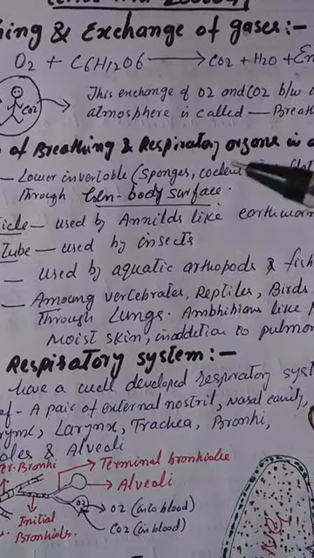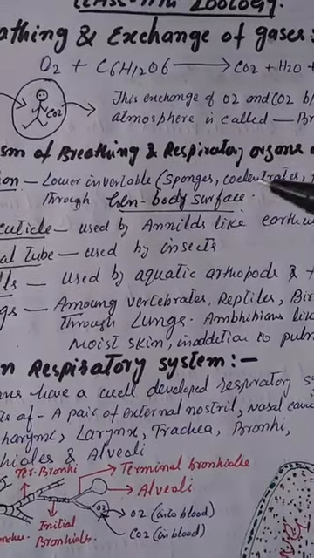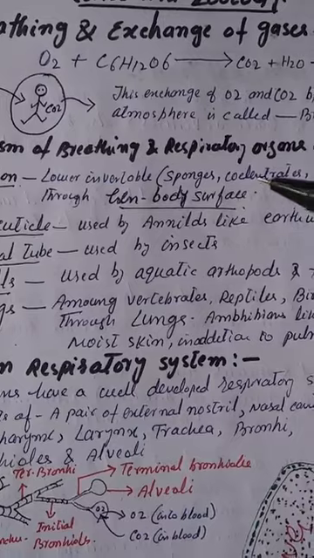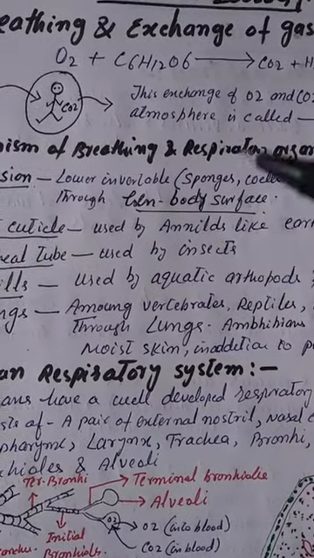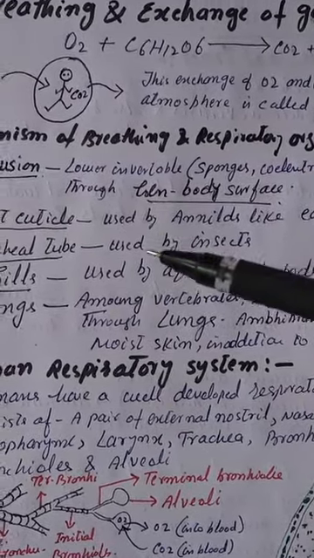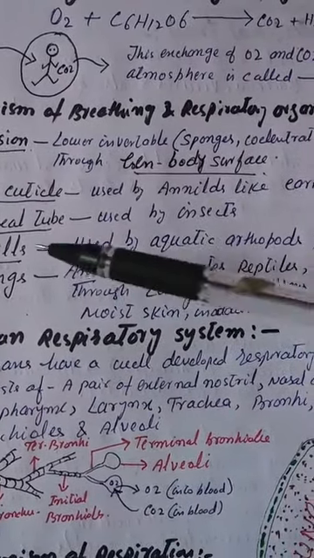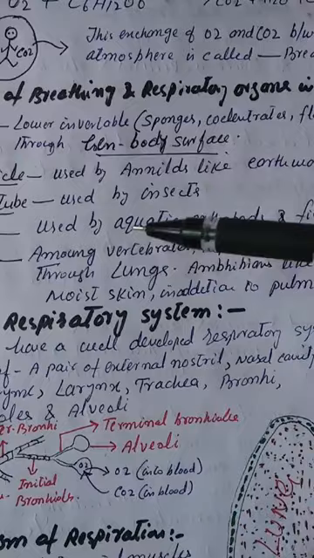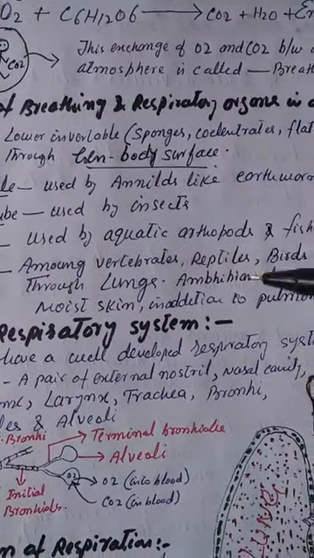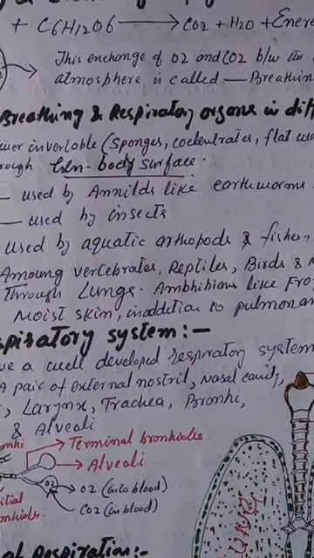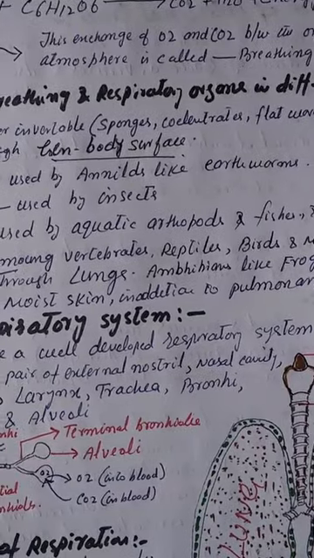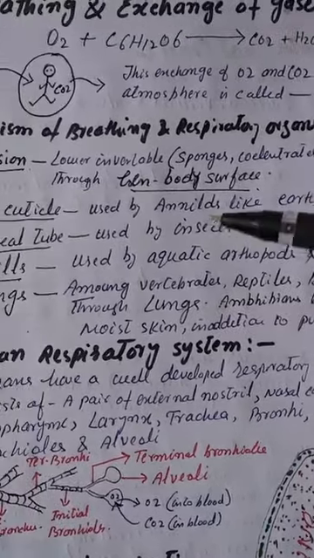In some aquatic arthropods, fishes as well as some molluscs, they possess specialized and highly vascular organs for respiration, which are known as gills. And among vertebrates like reptiles, birds, and mammals, they respire through lungs.